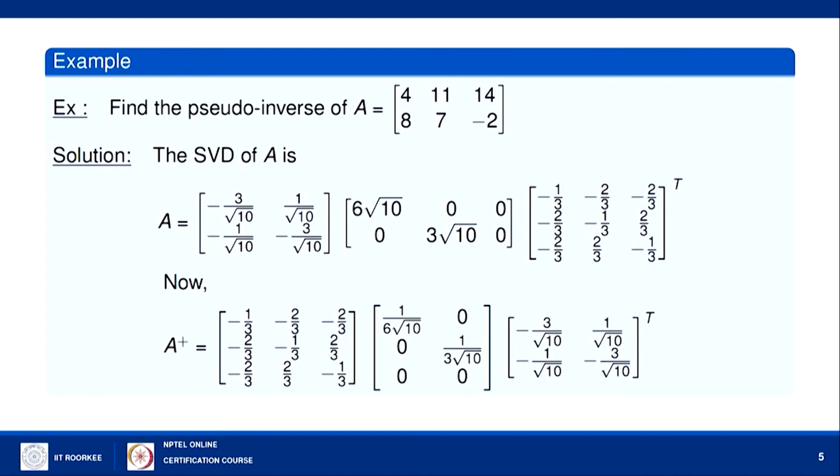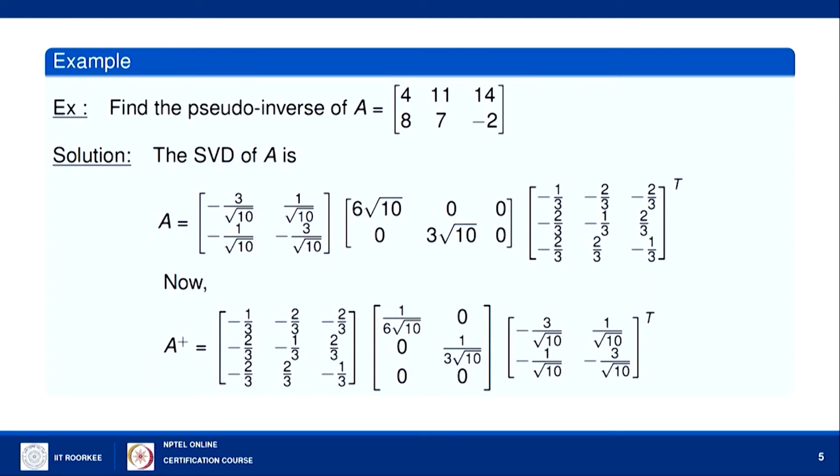If you go for A transpose A, it will be a 3 by 3 matrix and the eigenvalues will be 360 again, 90 and 0, because one dimension is increasing and the rank is 2. So, obviously the third eigenvalue will be 0. So, I have sigma as 1 0 0, 0 sigma 2 0, and then this is my matrix V. If you carefully see, the columns of these matrices are pairwise orthonormal; they form a set of orthonormal vectors.